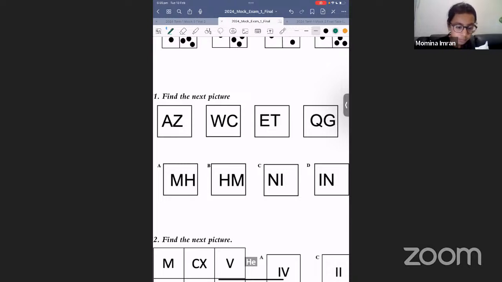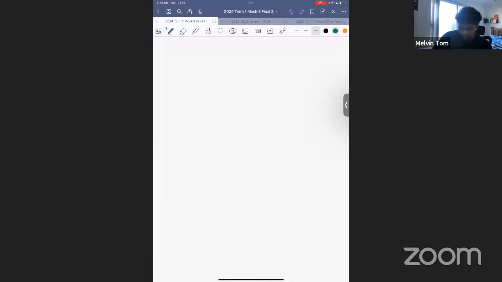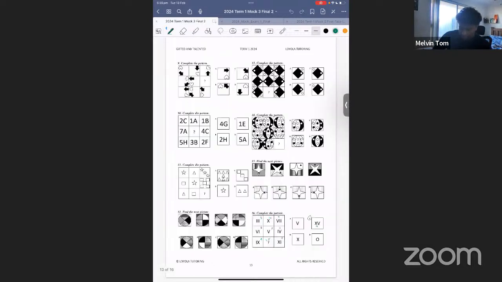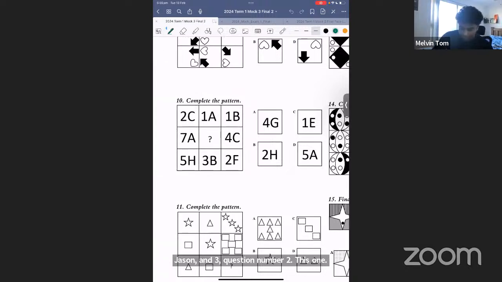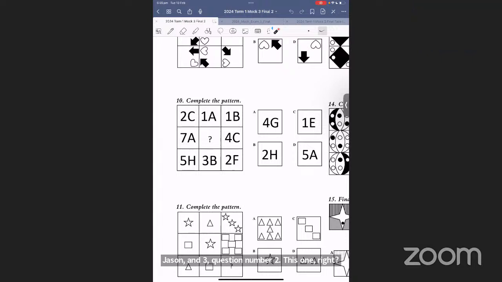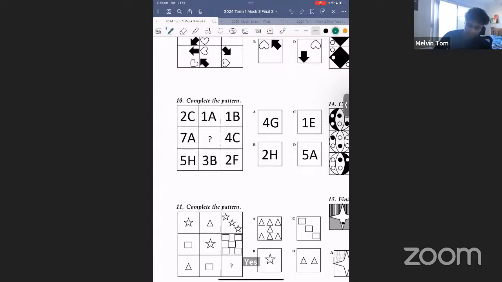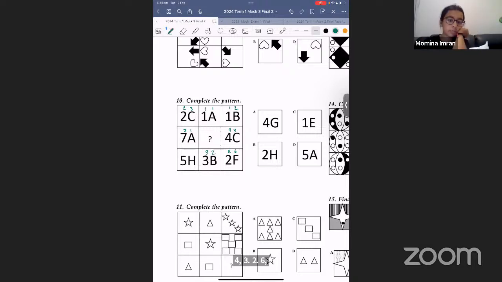Mock exam 3, question number 10. This one, right? Okay. So 2, C is 3, 1, 1, 1, 2, 7, 1, 4, 3, 2, 6, 3, 2, 5, 8.